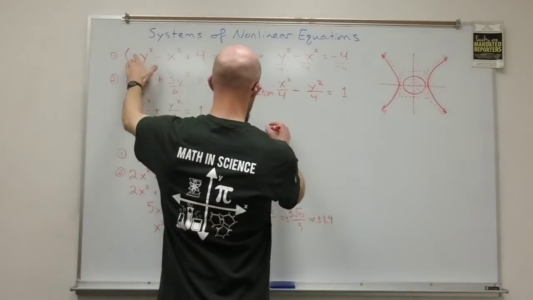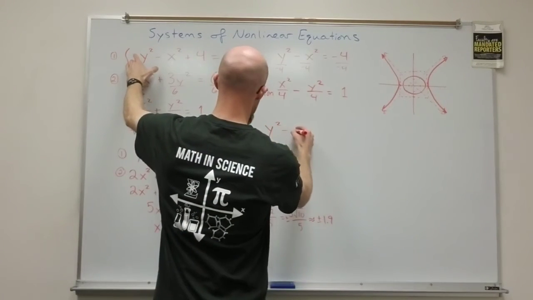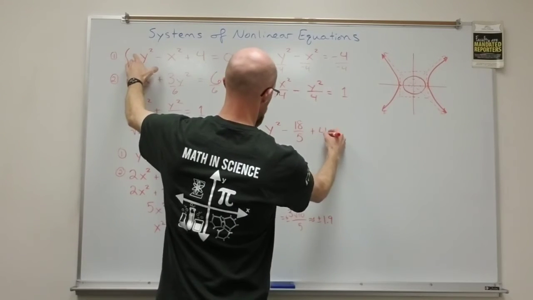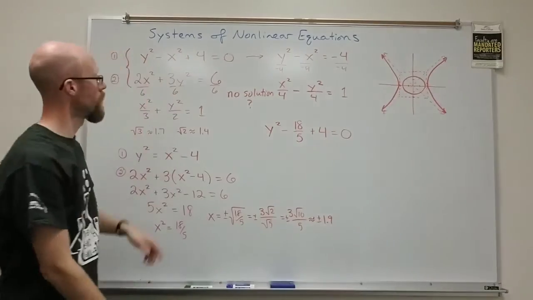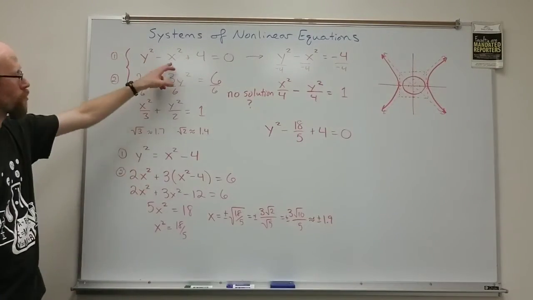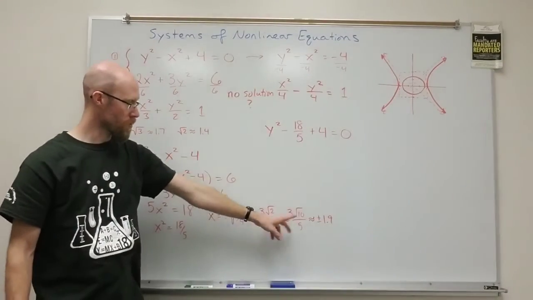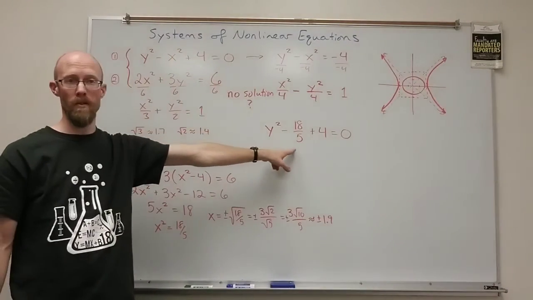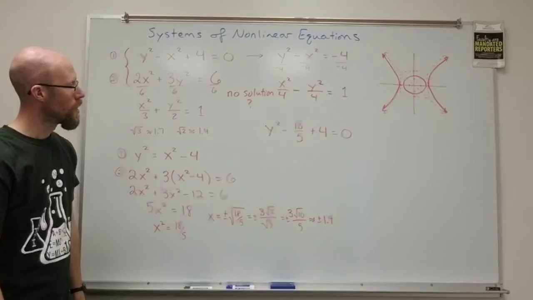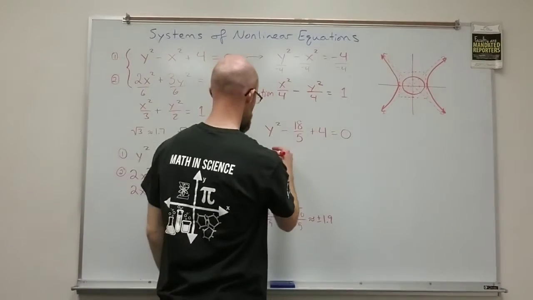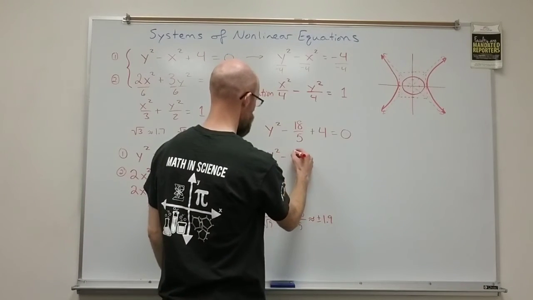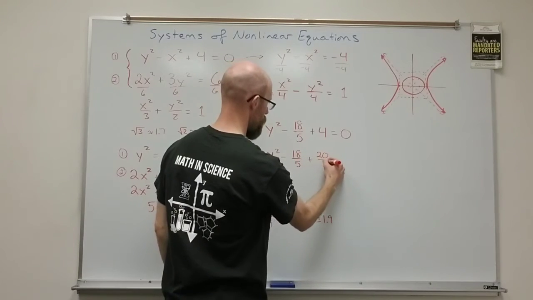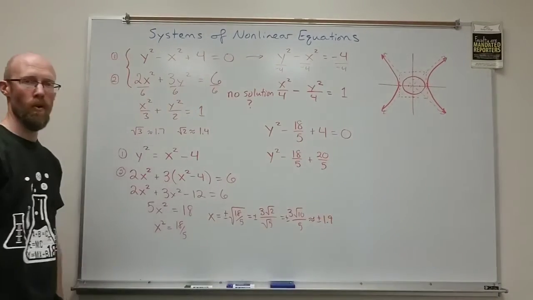So I get y squared minus 18/5 plus 4 equals 0. All right, so again, it doesn't matter which one I use, plus or minus 3 root 10 over 5, any of those. When I plug it in and square it, I'm going to get 18/5 right there. Okay. Now the 4, to get a common denominator, the 4 is really 20/5, right? 20/5 is 4.